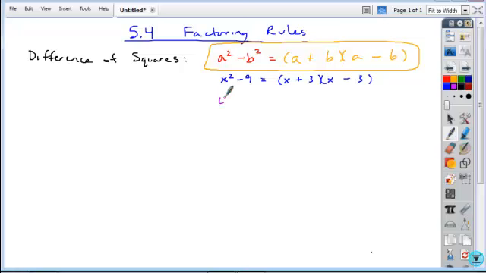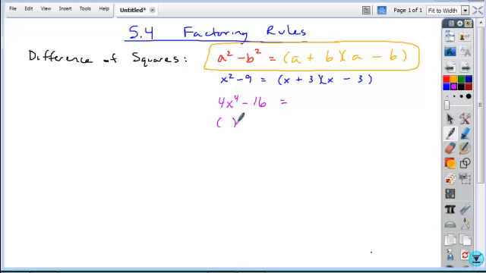If you saw something that looked like this, and you were asked to factor this expression, you could approach it one of a couple ways. One, identify whether you have two perfect squares being subtracted from each other.